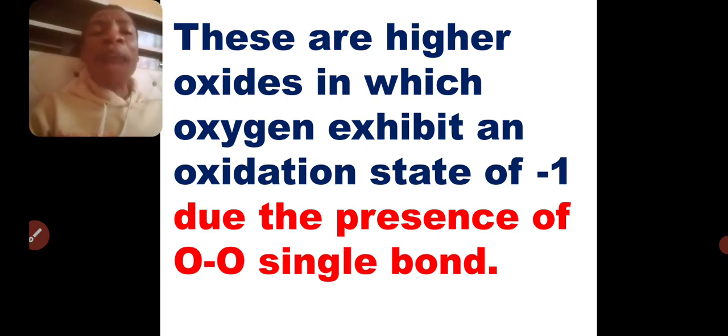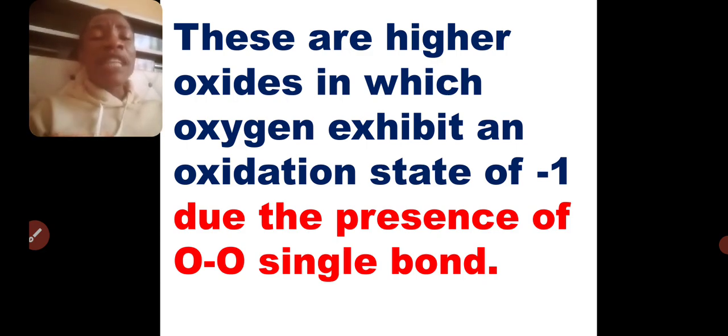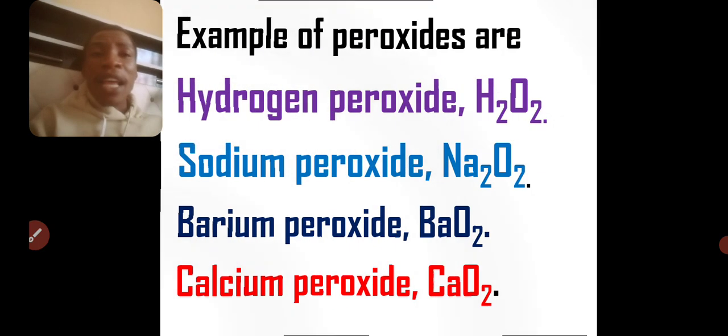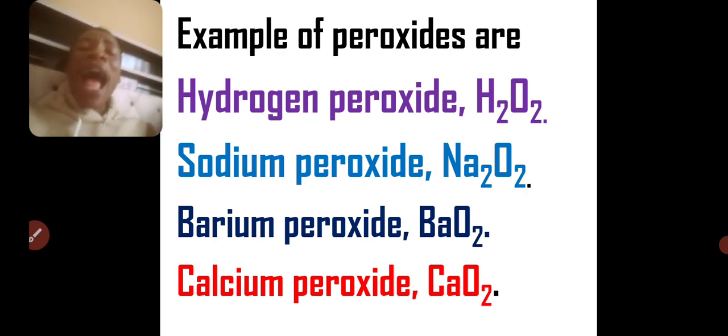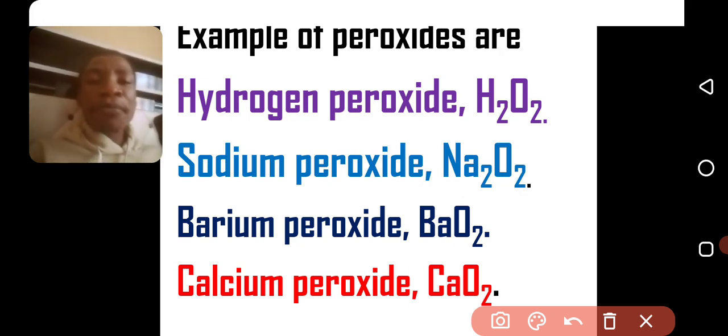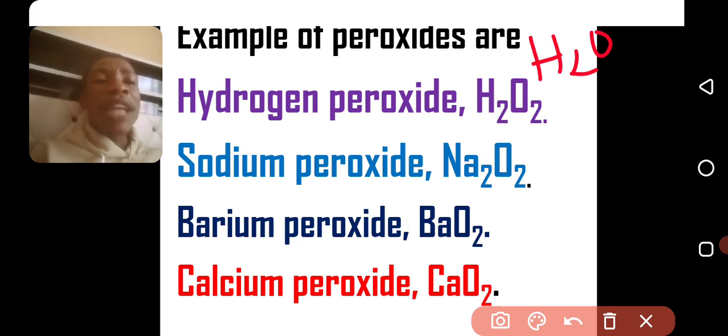And what makes them have the oxidation number of -1 is the oxygen-oxygen single bond that is present in peroxide. An example of peroxide is hydrogen peroxide, H2O2. How do you know a peroxide? A peroxide always has one oxygen more than a normal oxide. A normal oxide of hydrogen should be H2O. You can see that. But now the O has increased by 1, H2O2. It has become a peroxide.